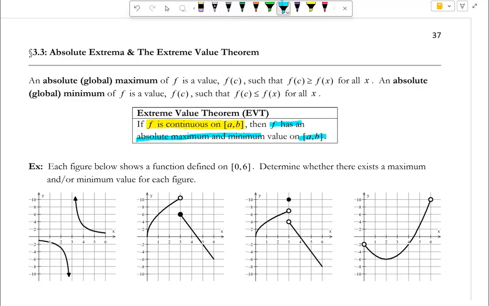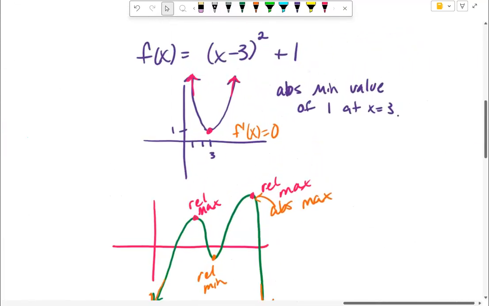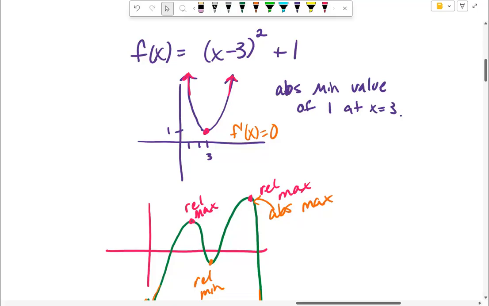Before, on these open intervals, this function maybe only had a min or a max, but if I were to close this off and look from some a value to some b value, now this function does have an absolute max on that closed interval.